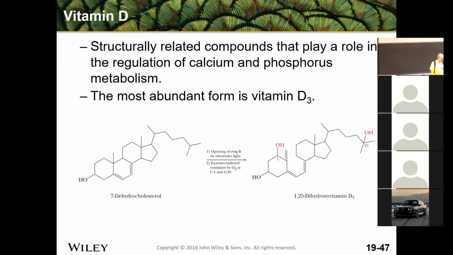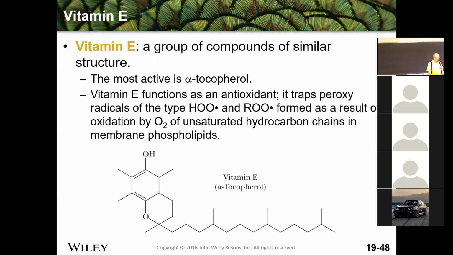Right, here is vitamin D. Okay, notice the similarity to the steroid structure. Here is vitamin E. The most important function of vitamin E is it serves as an antioxidant. Okay, and what that means is that oxygen will form free radicals, these species that have unpaired electrons.